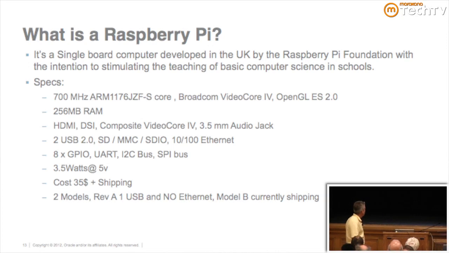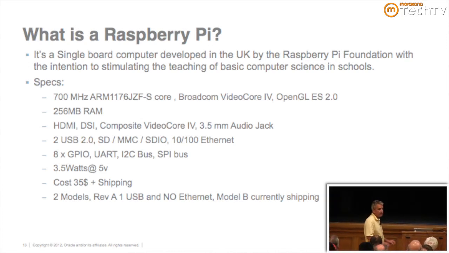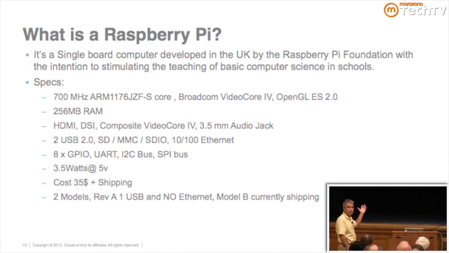It's what we consider an ARM 11, even though it's v6. Has a Broadcom chip for the processor. It also has a Broadcom VideoCore 4, OpenGL ES 2. I know, 256 megabytes of memory, but I think that's kind of a rich environment for the most part when you're in a headless environment. HDMI, a DSI, composite video, audio jack.